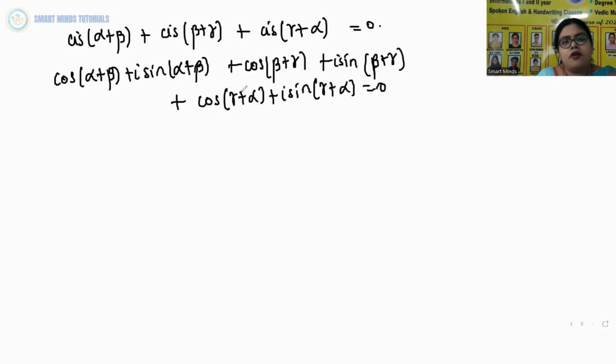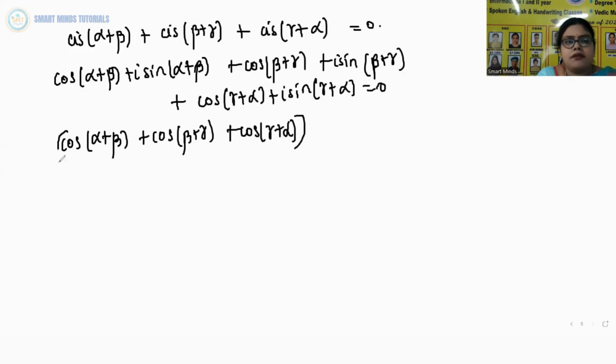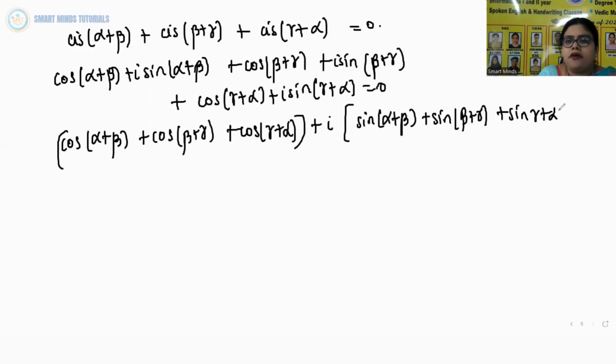Now I group again cos terms and sin terms. So I write cos(alpha plus beta) plus cos(beta plus gamma) plus cos(gamma plus alpha) in one bracket, plus i, if I take common, sin(alpha plus beta) plus sin(beta plus gamma) plus sin(gamma plus alpha), is equal to, now see this 0 I can write as 0 plus i into 0, it won't make any difference.